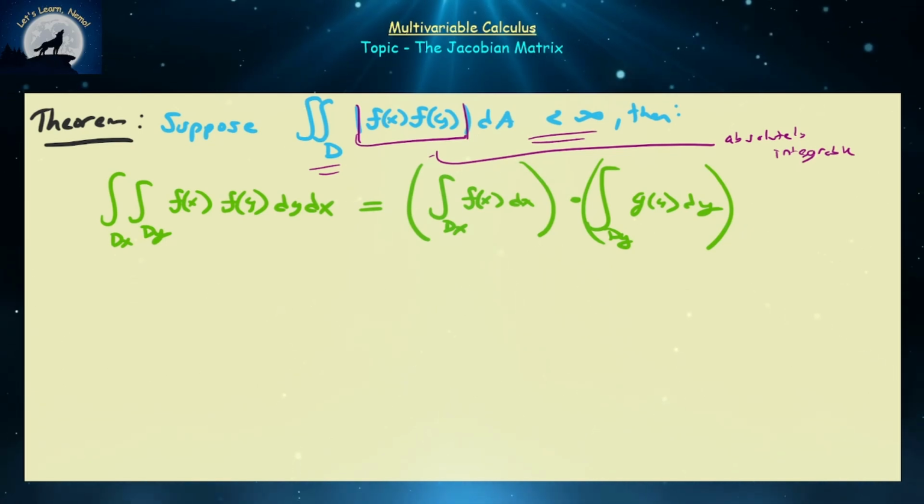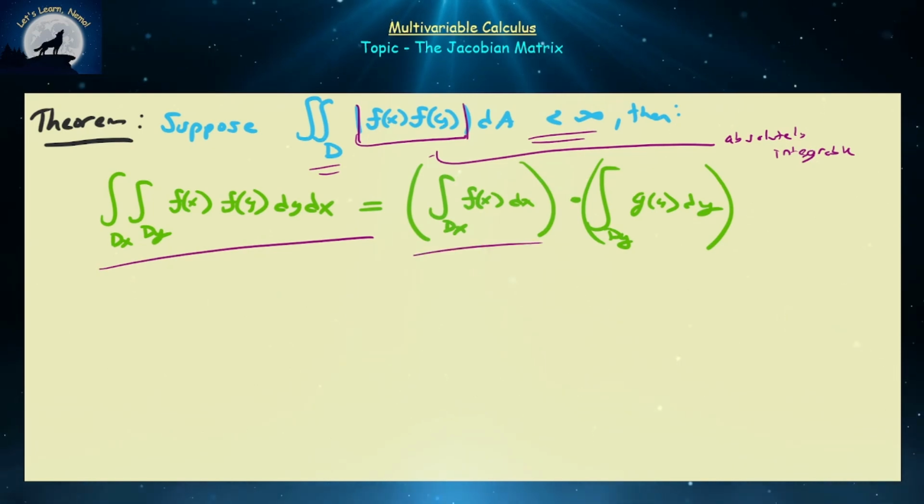So pretty much what we have here is, if we have an absolutely integrable function in R2, then for the integral without the absolute values, you can decompose it into the product of two isolated marginal integrals, one with x only and one with y only.